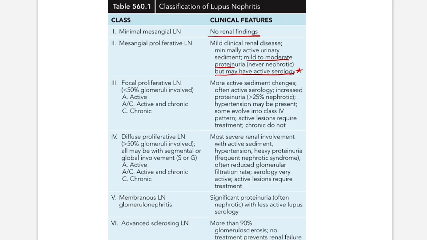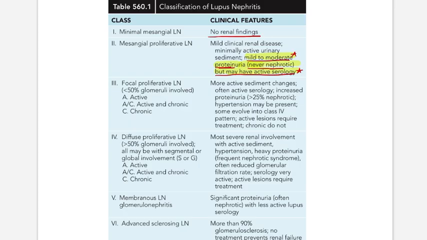Proteinuria is mild to moderate, never nephrotic range, minimal active disease, but may have active serology. These two lines are very important for type 2. If a question arises from these sentences, the answer will be mesangial proliferative lupus nephritis.